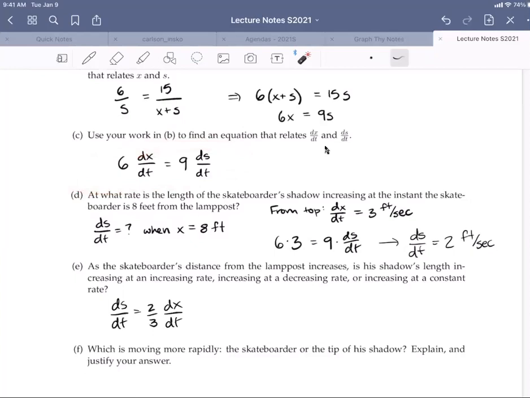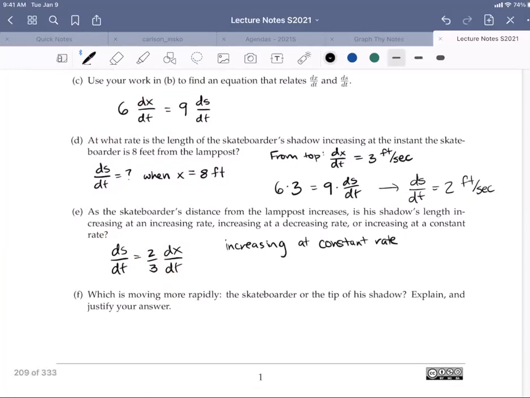Since dx/dt is constant, the skateboarder is moving at 3 feet per second, the shadow length is increasing at a constant rate. And that's actually why we didn't need x or s to compute the rate.